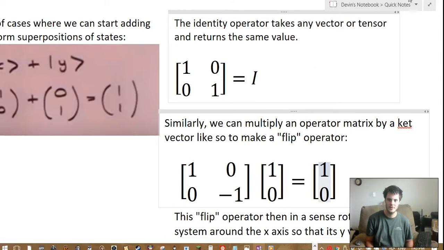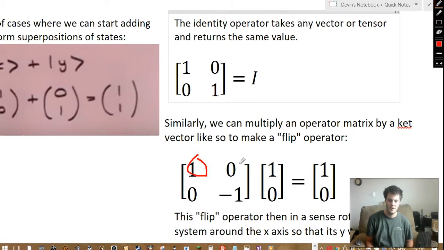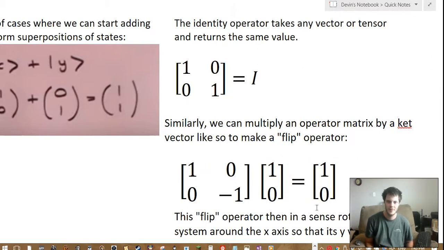So this 1 here affects this 1. All right, so it's like an identity operator. So it keeps this 1, but it makes negative 0 across the bottom here. So this row hits that part of the column, and then it makes negative 0, which is still 0. It doesn't really make any difference.